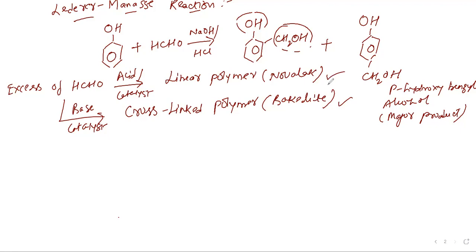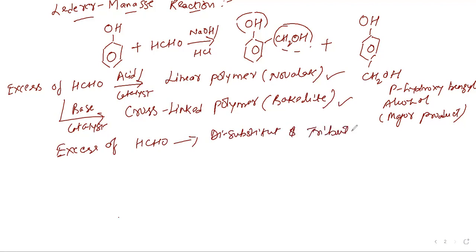So how do these polymers get formed? When you take excess of formaldehyde, it will lead to the formation of disubstituted and tri-substituted products.